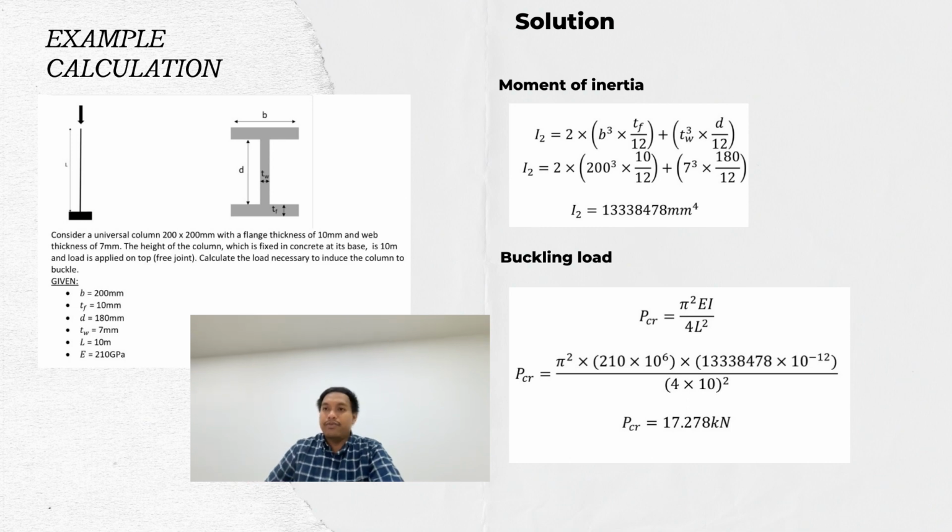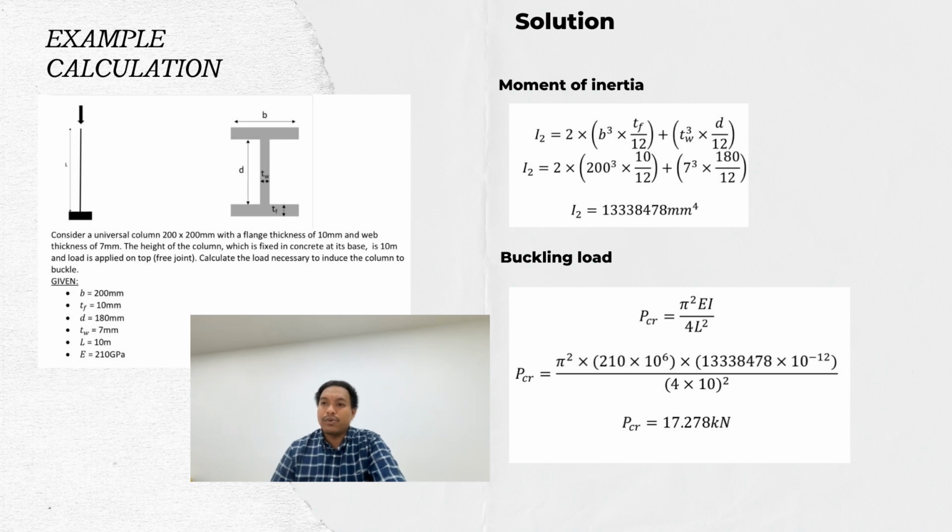Okay, info given: B equals 200 mm, B is for flange length. TF is 10 mm, TF for flange thickness. D is 180 mm, D for the web length.